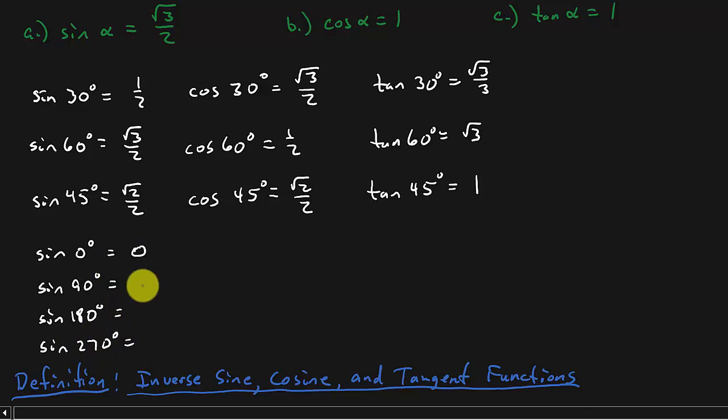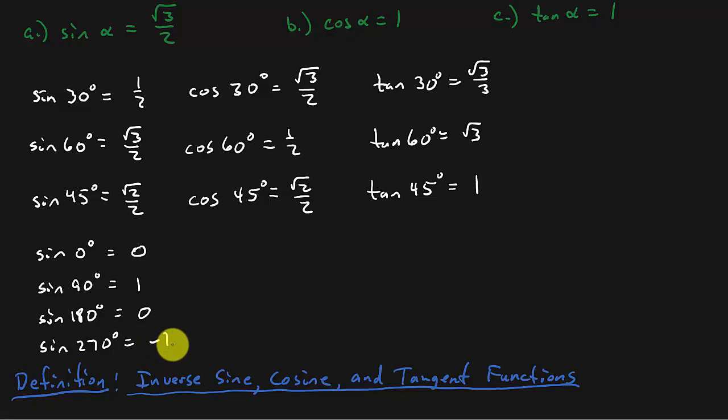That's 0, this is 1, 0, and then the sine of 270 would be -1. Just make sure that you memorize those.